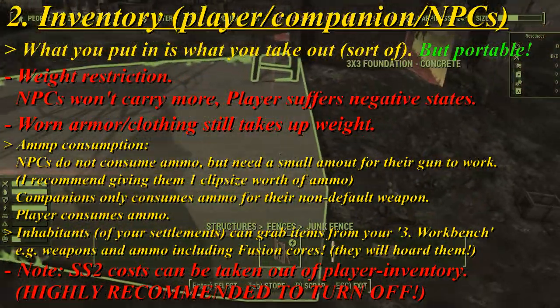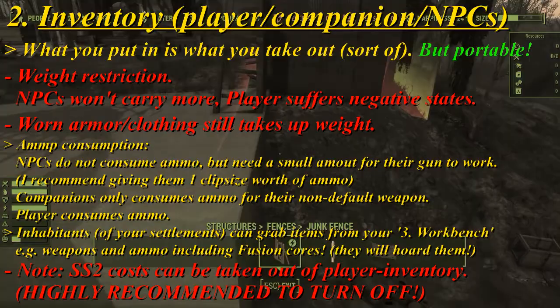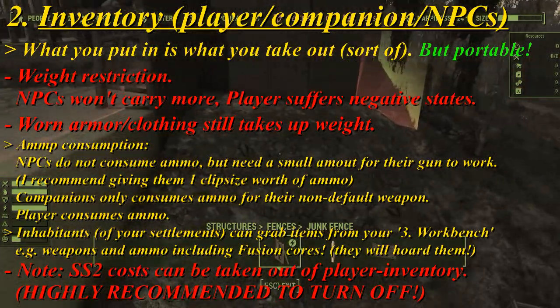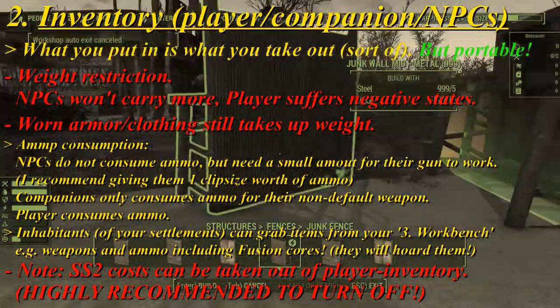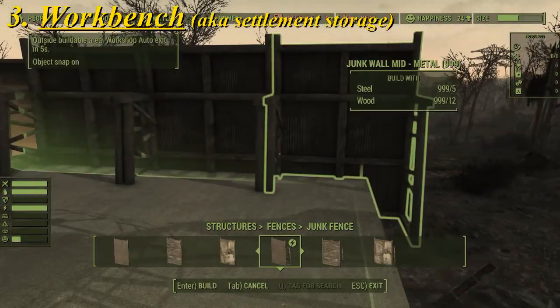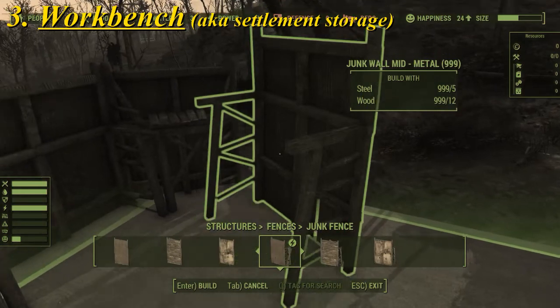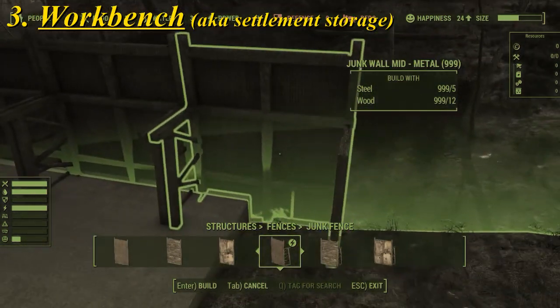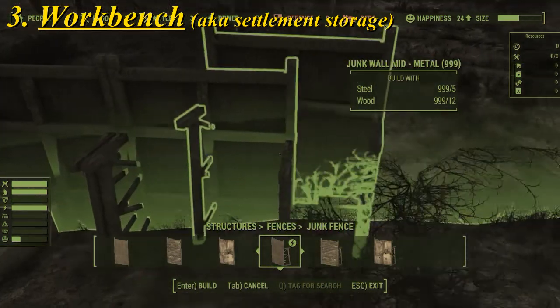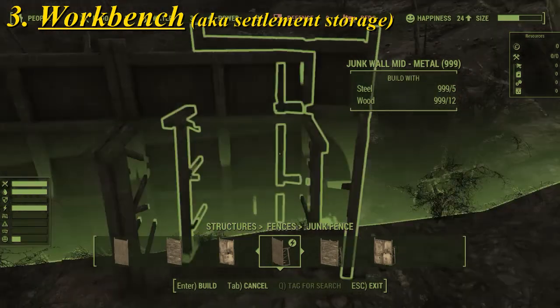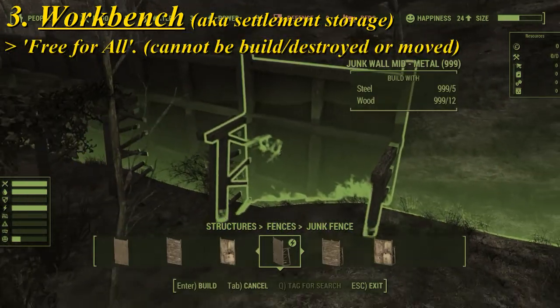Alright, where do they take this ammo and weapons out of? Well, that is class number 3 of the storage container, and that is the workbench. And a workbench container works quite differently from the other two that we've previously discussed. So what is a workbench container? Well, unlike insulated containers, you cannot build them, for one thing.